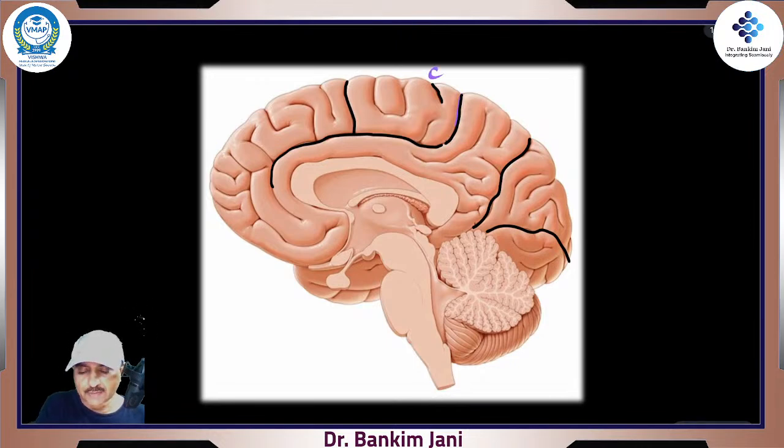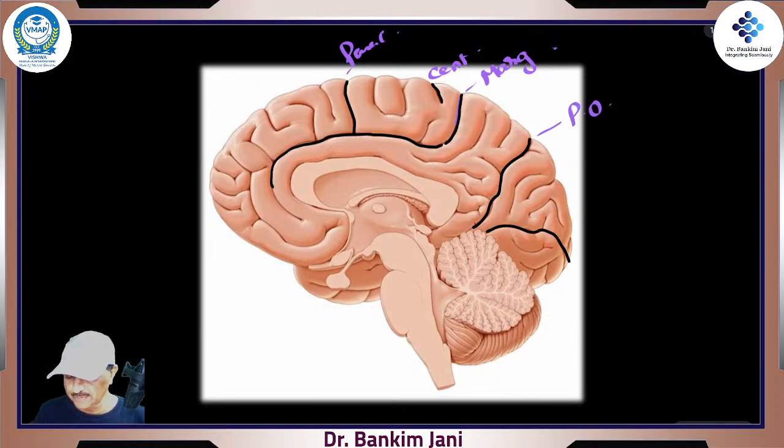So central, central. This one is marginal. This is paracentral. This one is parieto-occipital sulcus. This one is calcarine sulcus, and better write it over here, cingulate. So this is the cingulate gyrus. This is the sulcus. Fine.